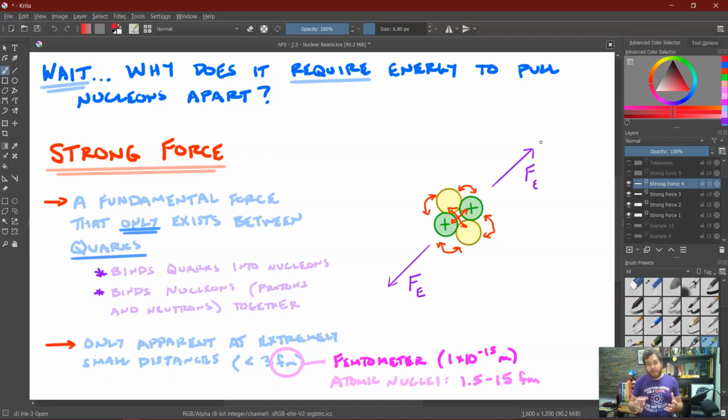And to keep in mind how tiny this is, a regular atomic nucleus, the smallest one, has a diameter of about 1.5 femtometers, and the maximum size is 15 femtometers. So already right here, we're getting to a point where this is going to be a couple of femtometers across. We're already experiencing the strong force very apparently here, but as soon as we pull these a little bit apart, the strong force just vanishes.